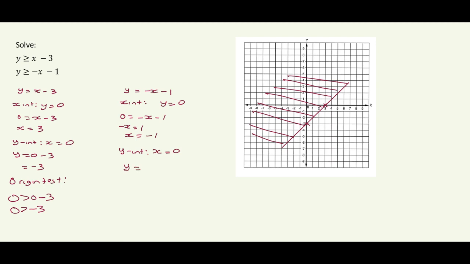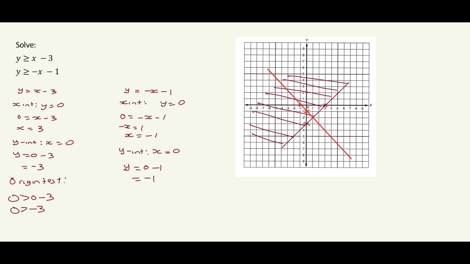So y equals 0 minus 1, which is negative 1. So we're going to use a different color for this. So x equals negative 1, y is also equal to negative 1. And then we're going to draw a line that passes through both points.